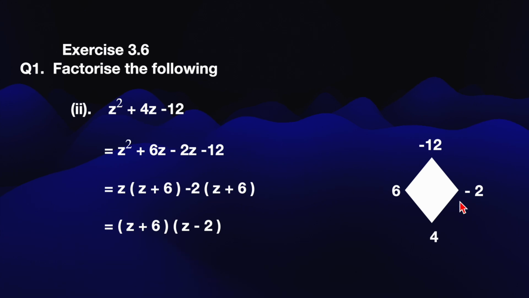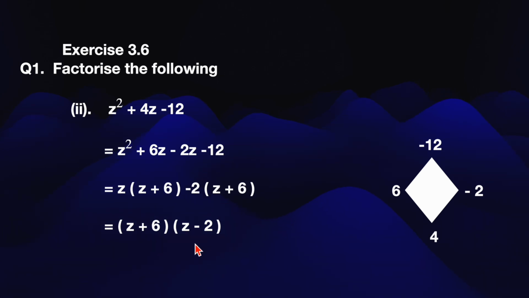So we are going to write 4z as 6z minus 2z, minus 12. Take out z common, here you get z plus 6, take out minus 2 common, z plus 6 in the bracket. So z plus 6 into z minus 2.